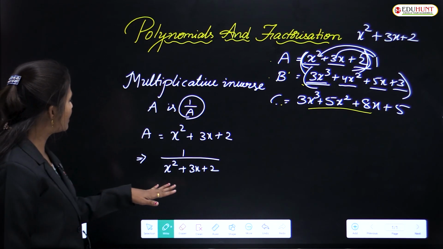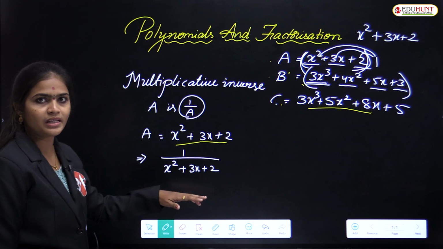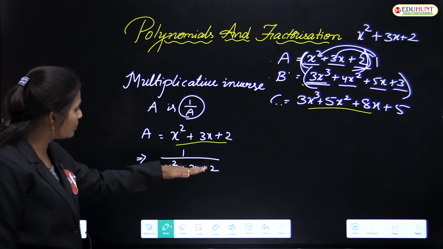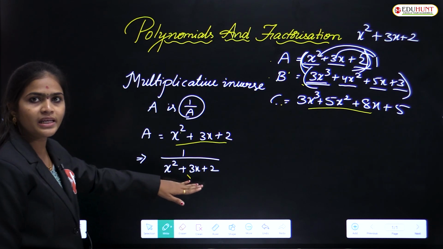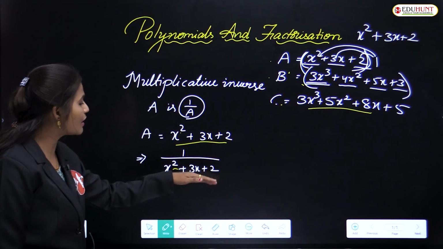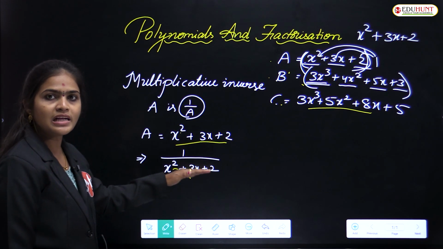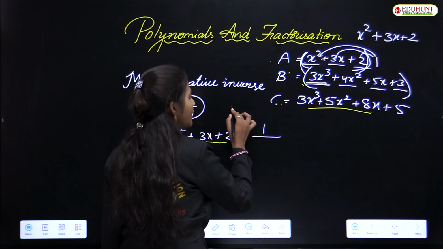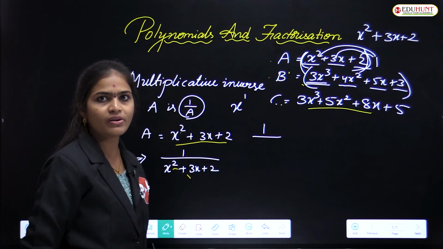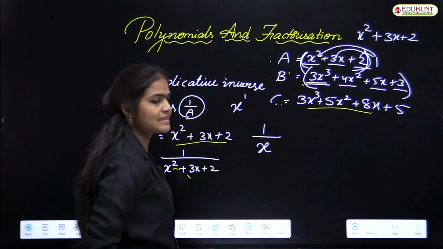When you observe this, x square plus 3x plus 2 is a polynomial, but here the same polynomial is written in the denominator. Because of the reciprocal, these powers become negative. For example, x is positive, x power 1 is positive, but I write it as 1 by x.